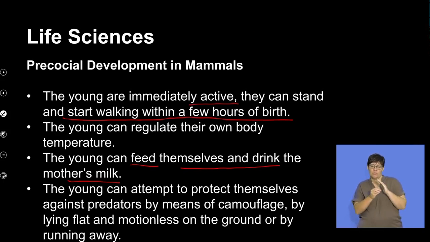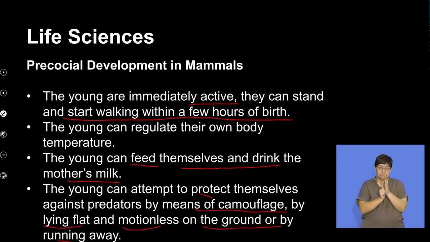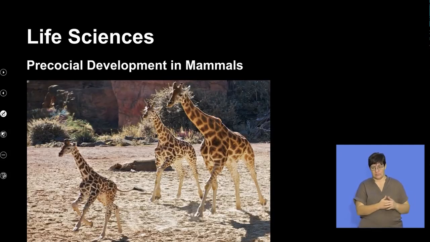The young can attempt to protect themselves by either doing the same as what birds do, so remaining camouflaged, they can lie flat or motionless, or they basically run away from their predators because they're able to live actively soon after being born. Okay, and so here is a beautiful image of giraffes and their little calves that actually are capable of moving and being mobile and independent soon after being born.